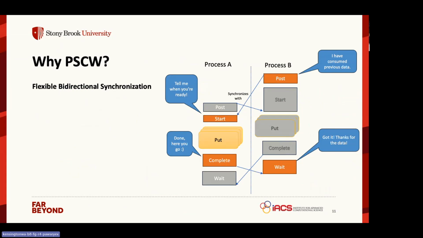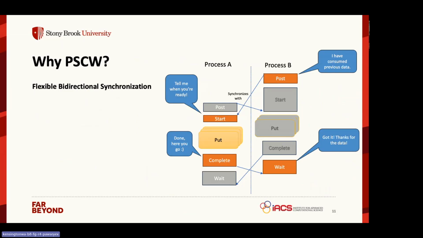And the question then was, well, why do people actually use PSCW? And the answer is that it gives you very flexible bidirectional synchronization, right? You can control when someone starts accessing your memory, or when a different process can start accessing your memory, which means that you can safely read your local data and then say, well, now someone can access it.